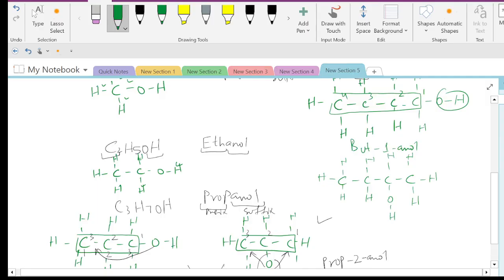So now here, if I select the longest carbon chain, where do we have to start the numbering? We have to start the numbering from that position where the functional group is nearer.